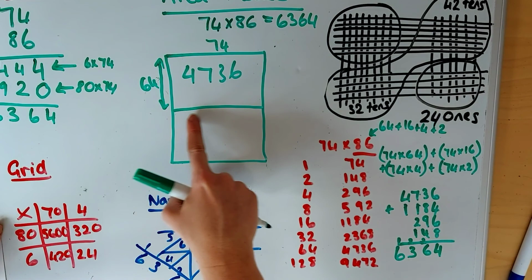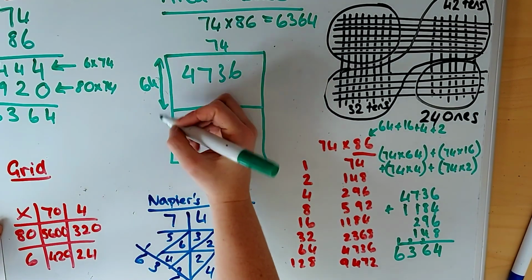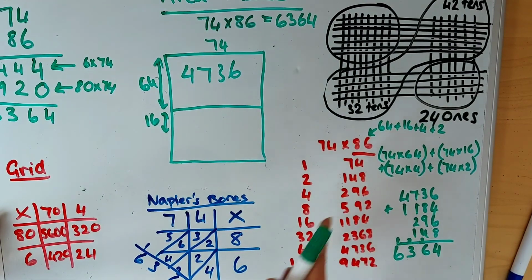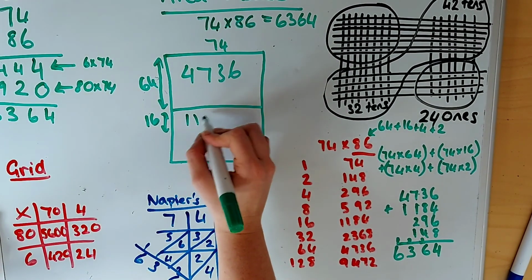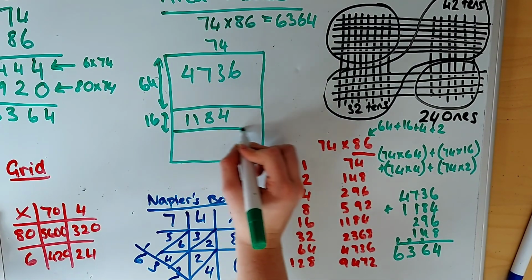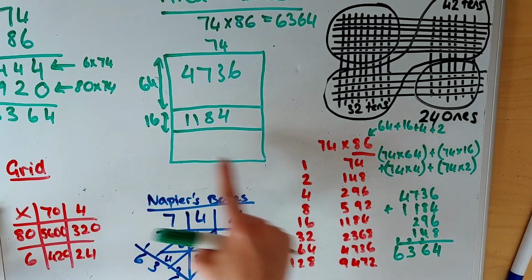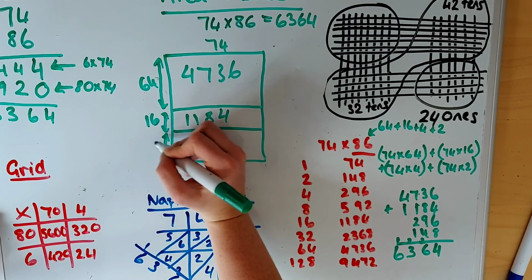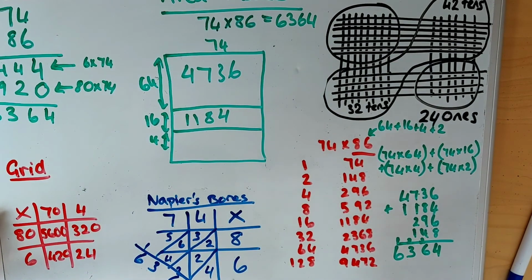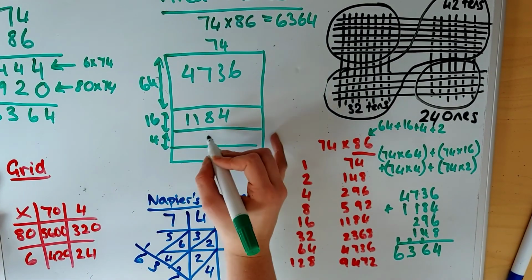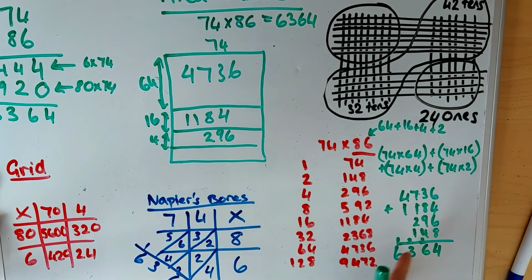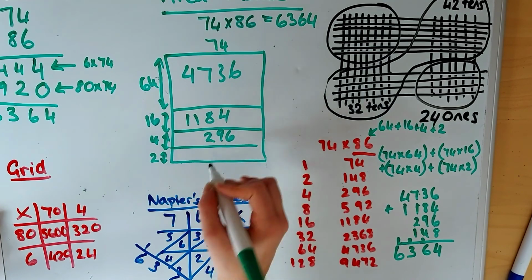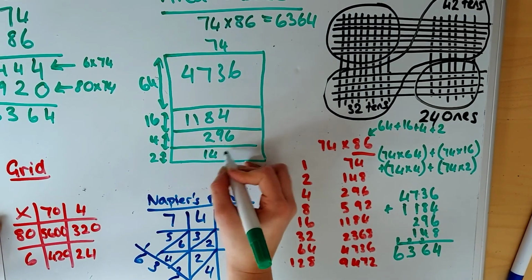And then I've got 74 groups of 16. So let's say that's 16, and that's 1,184. And the next one is 74 groups of 4, which leaves me on 296. And then the last one is 74 groups of 2, which leaves me on 148.